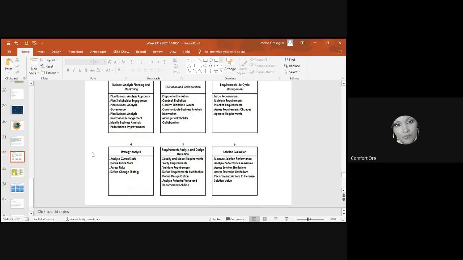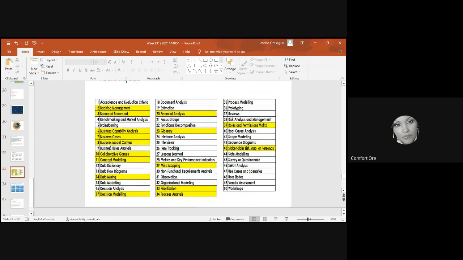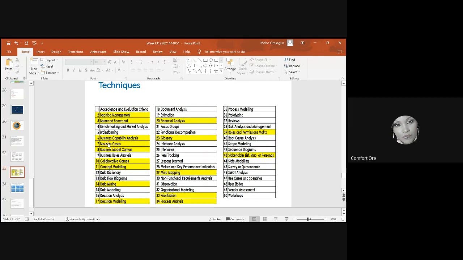Okay, so these are the techniques. There are 50 of them. We'll be going into a further dive later on. Some of these techniques, to be honest with you, I have never used in my years of being a BA.